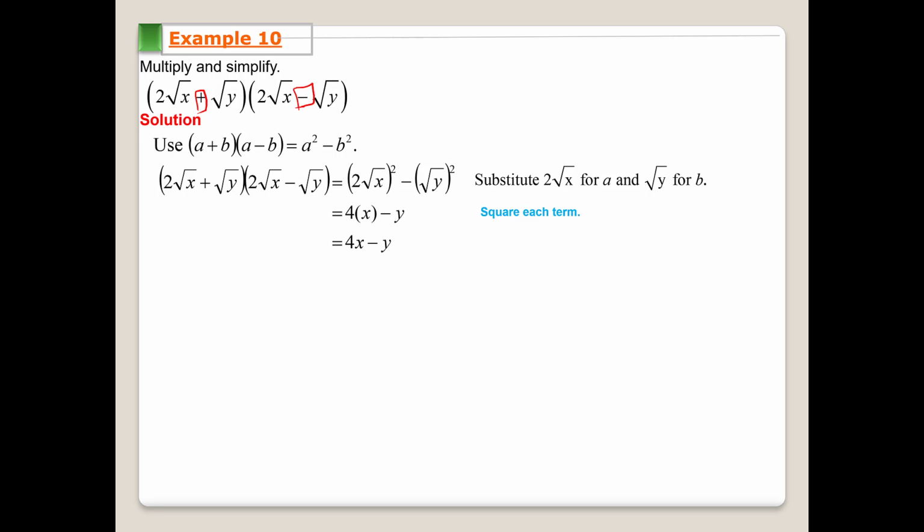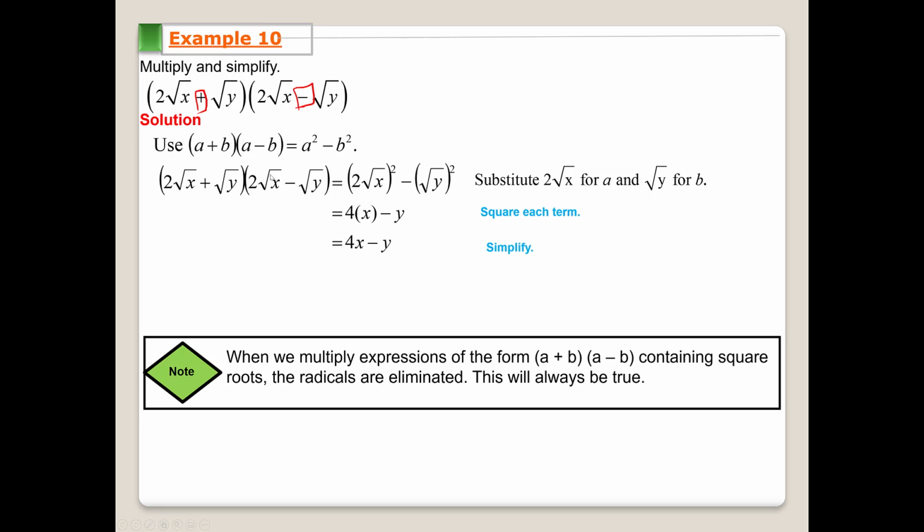So 4x minus y, and that's it. When we multiply expressions of the form a plus b times a minus b containing square roots, the radicals are eliminated. This will always be true. So if you are presented with that type of setup, it should work out just like that.